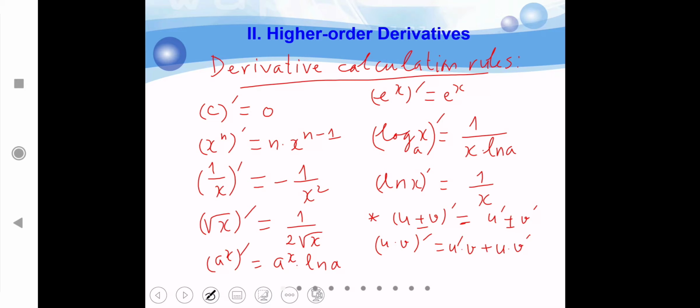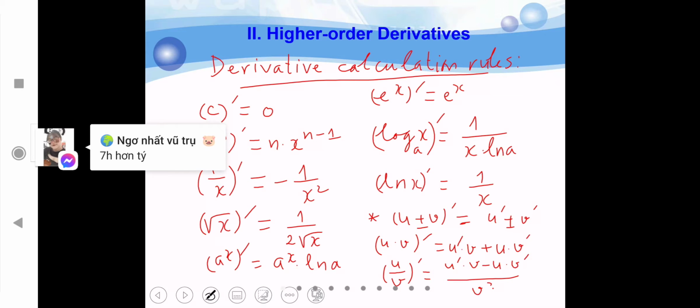The quotient rule: u over v derivative equals u prime times v minus u times v prime over v squared.